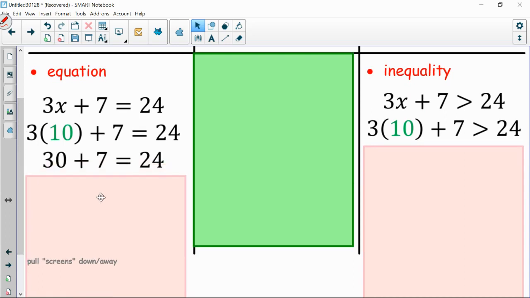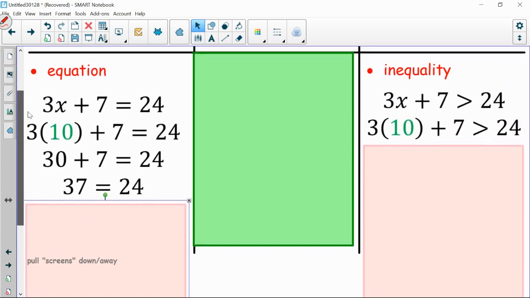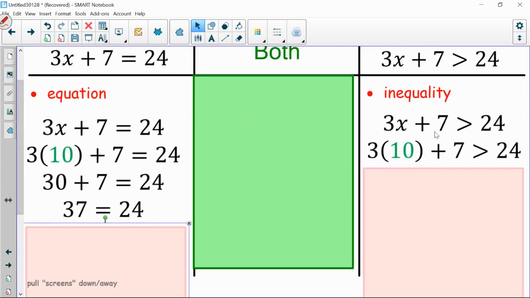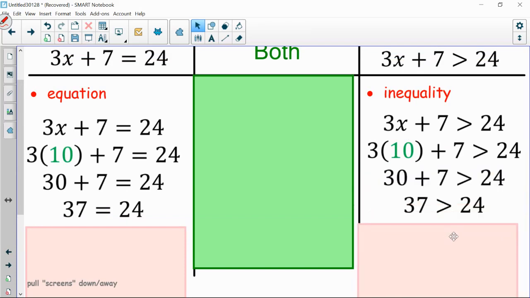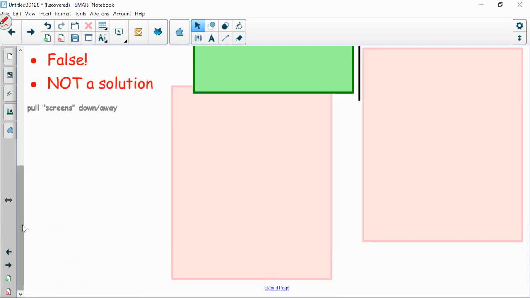So then we have 30 plus 7, and we get 37. Whereas over here, we kind of have a little bit of a difference. All right, so is 37 equal to 24? No, it is not a solution.